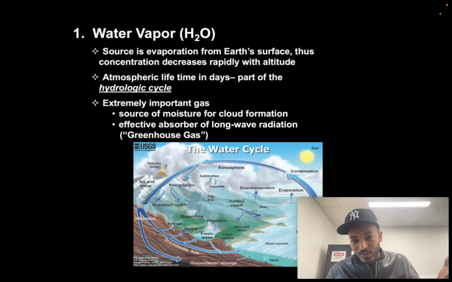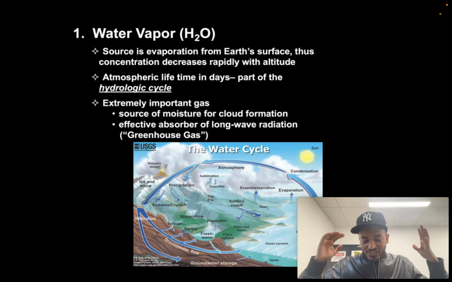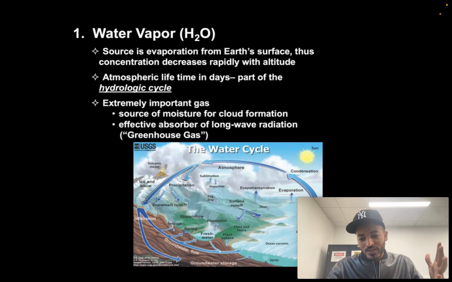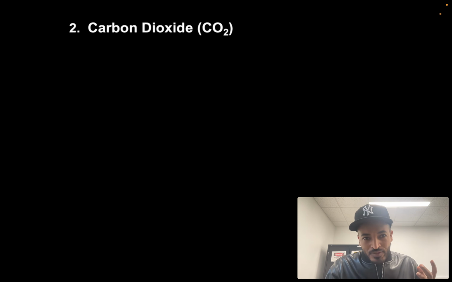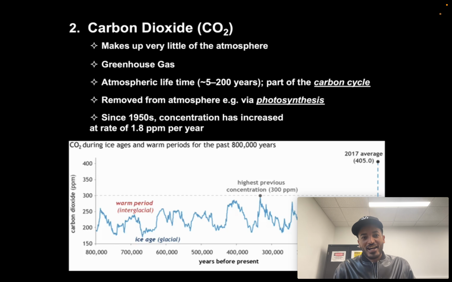Our summers here, especially when we're very far away from the ocean, feel like 120 degrees Fahrenheit, because water vapor is very efficient and has a strong capacity to trap heat. And the other one, and the most important one, is carbon dioxide.